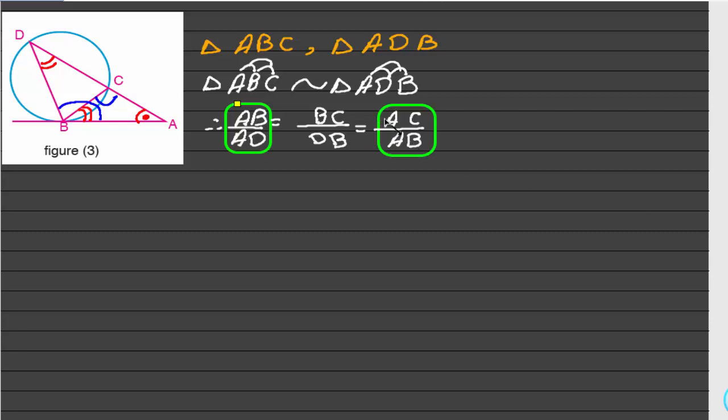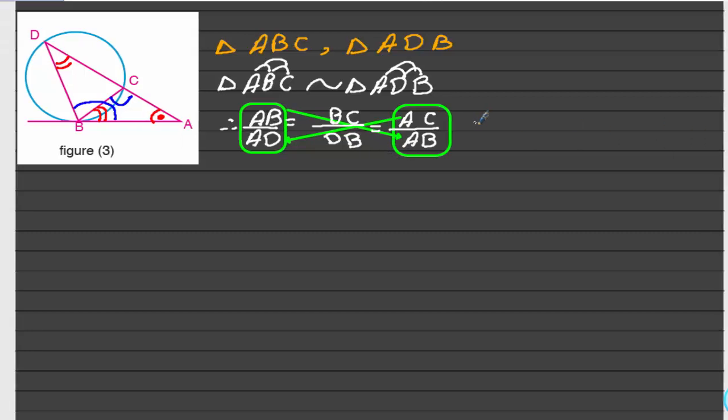Here we will find AC multiply AD equals AB multiply AB. So you can deduce that AB power 2, because AB multiply AB equals AB power 2, equals AC multiply AD.